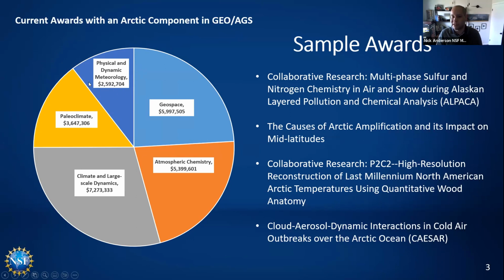That'll grow when all of CSER goes through. And some sample awards: Alpaca, Arctic amplification, which I know is in the report; again, reconstructions of paleoclimate; and then the CSERs, the cloud aerosol dynamics.